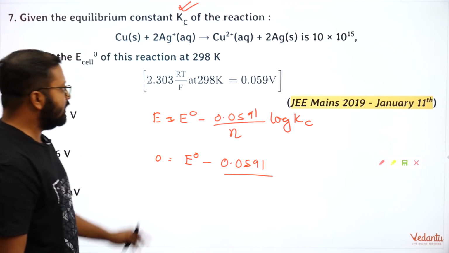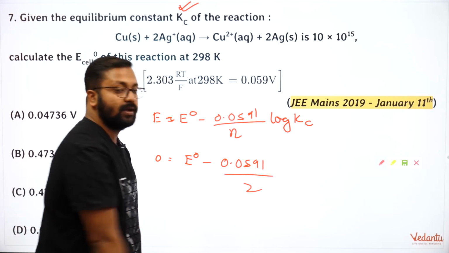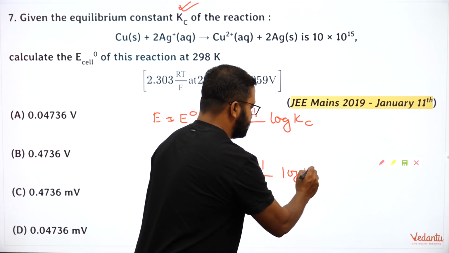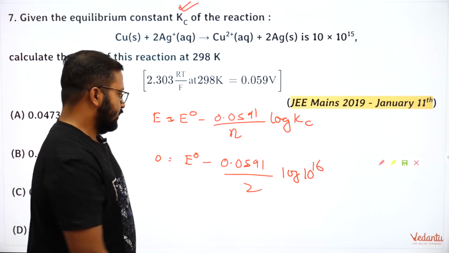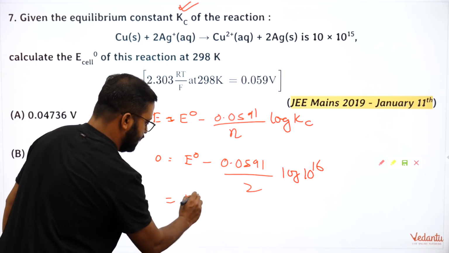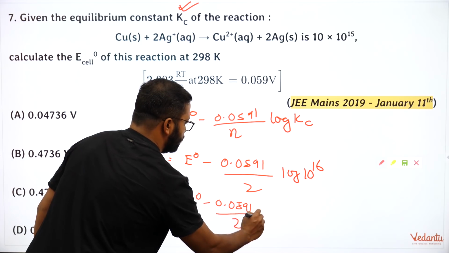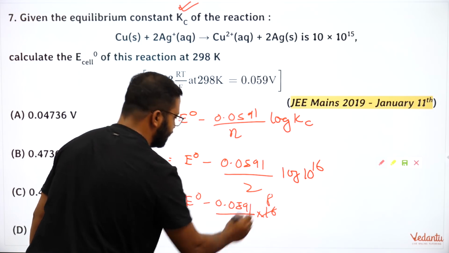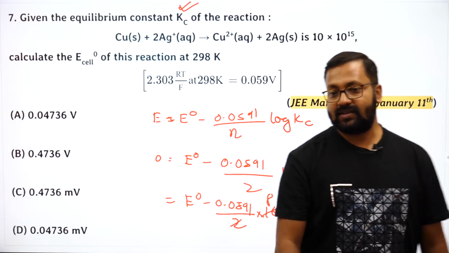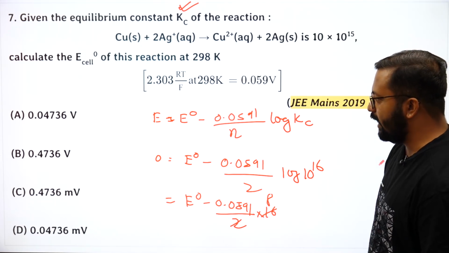0.0591 by n. N की वैल्यू कितनी होगी? How many electrons are being exchanged? 2 electrons are being exchanged. Log 10 raised to 16. So that will give us E naught minus 0.0591 by 2 times 16, that is 8. And if I take this as 0.06, this will be 48, 8648, and that will become 0.48 के आसपास होना चाहिए.